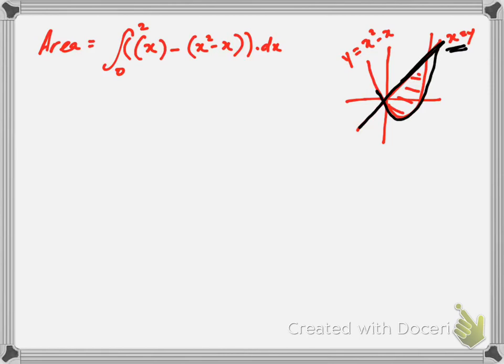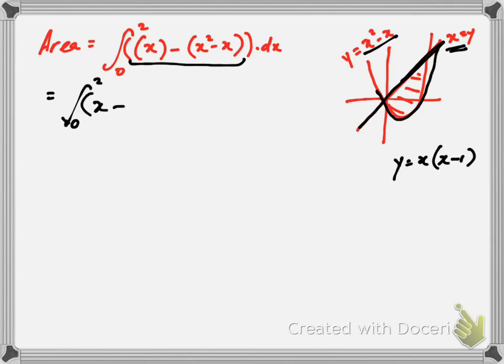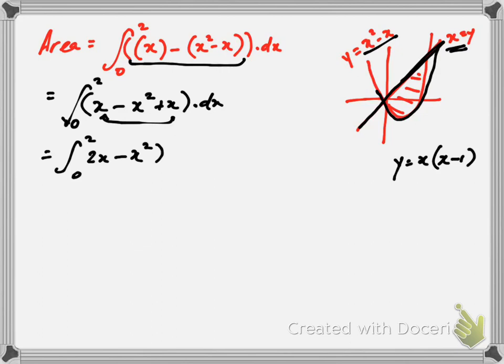I just expanded y equals x into x minus 1, and if you substitute them in here, you end up with the integral from 0 to 2 of x minus x squared plus x dx, and these will add up, so you end up with the integral from 0 to 2 of 2x minus x squared dx.